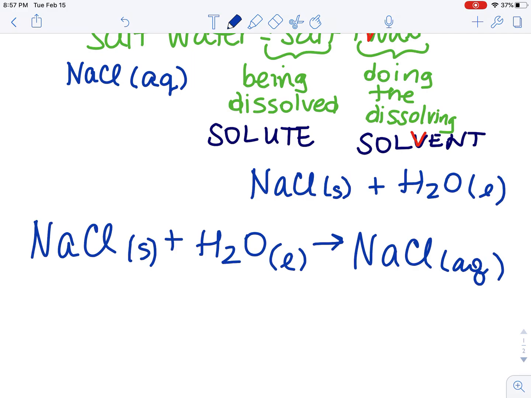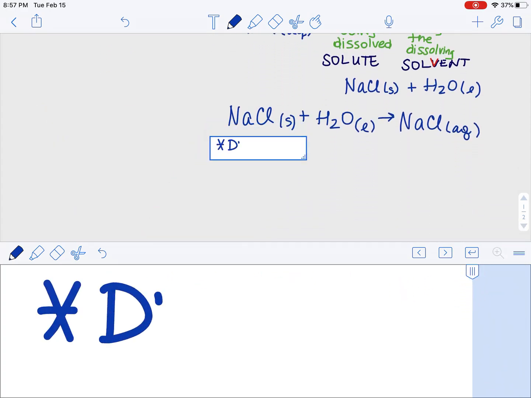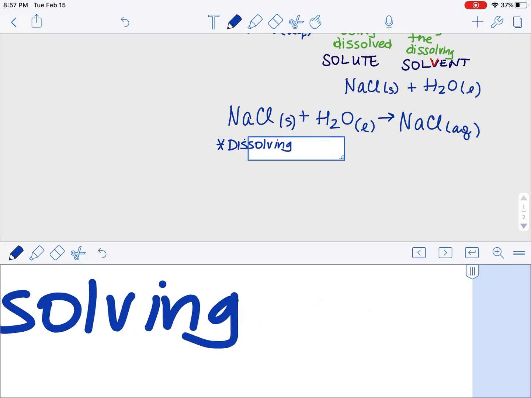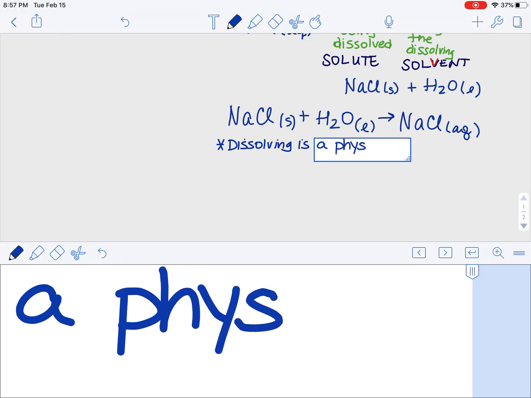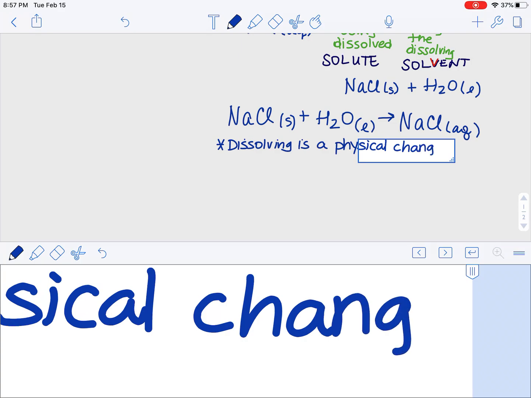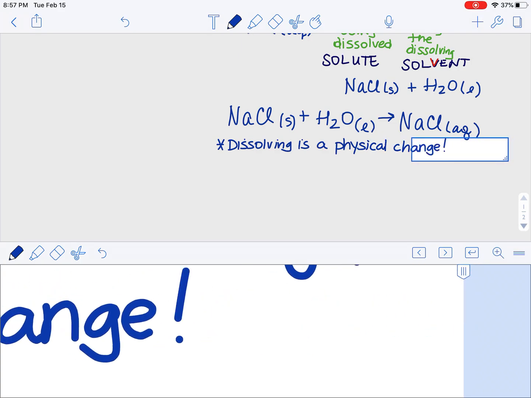And just a reminder, dissolving is a physical change, even though I wrote this expression as if it were a chemical reaction.